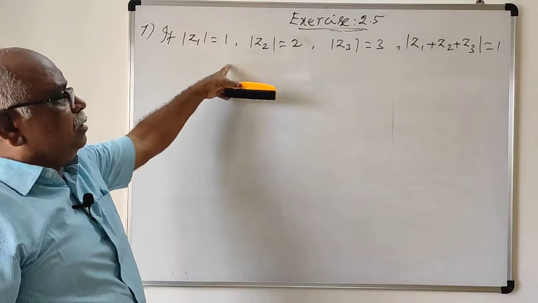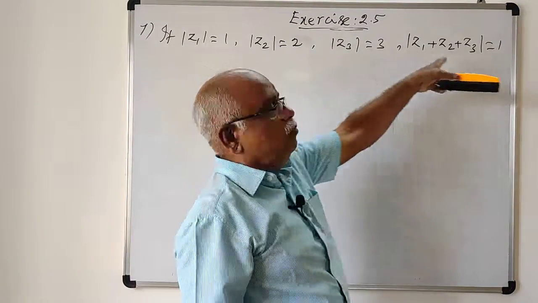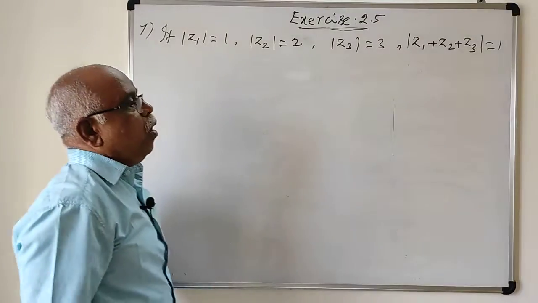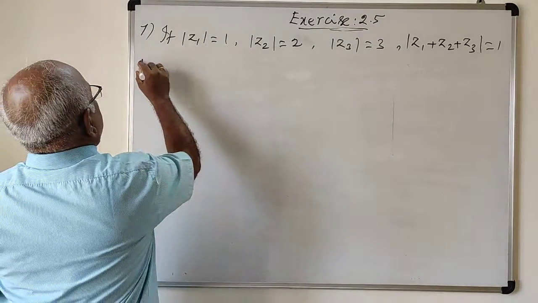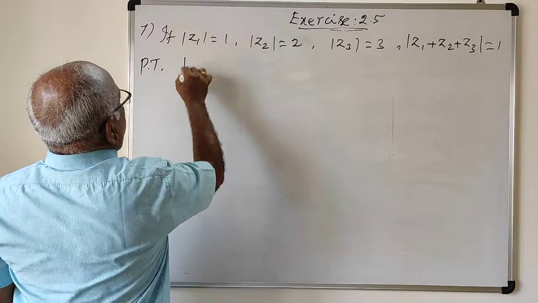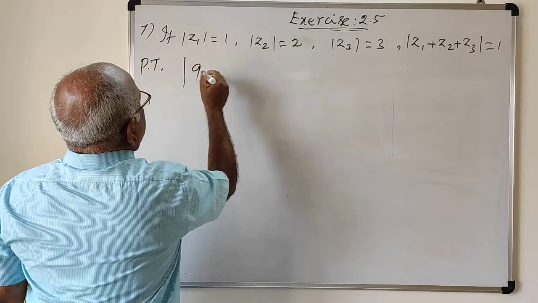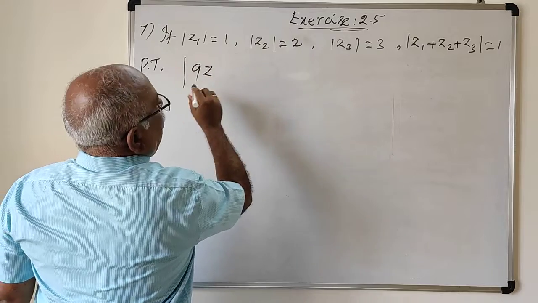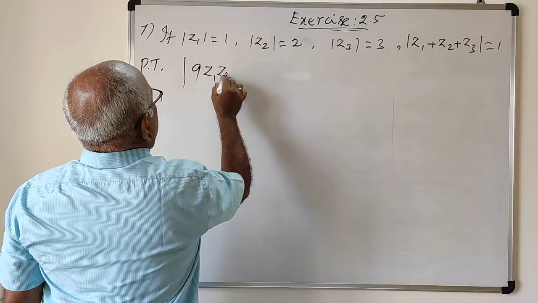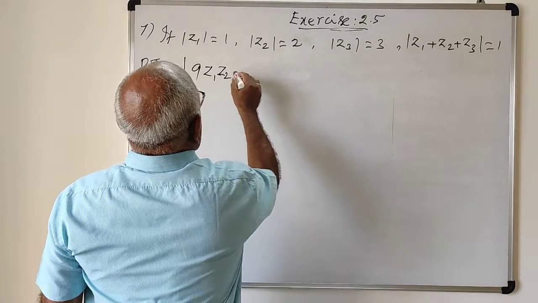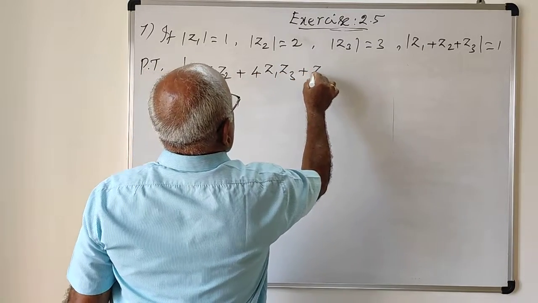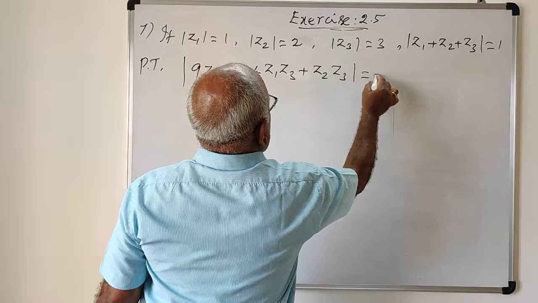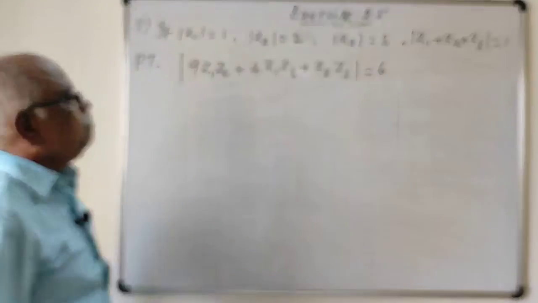Using this, you have to prove that modulus of 9 into Z1 into Z2 plus 4 into Z1 into Z3 plus Z2 into Z3 equal to 6. You have to prove this result.